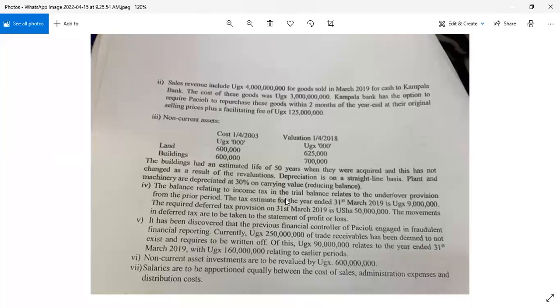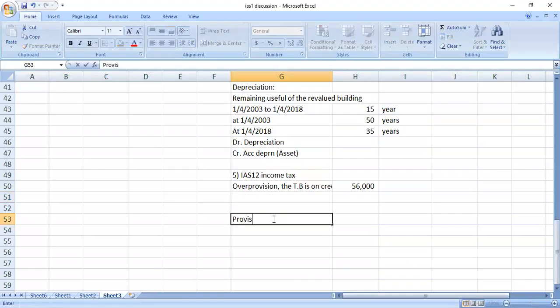That's the estimate for income tax. Then you have a deferred. For the deferred, we shall do it last. Let's first do income tax alone. So we have a new provision also, at 9.